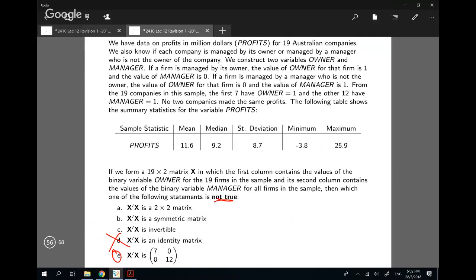X prime X is identity matrix. Okay, well, you know what identity matrix is, right? So that's just like that. I have 1, 1, 1, 1, 1. Everything else is 0, 0, 0. 2 by 2. That's correct. Symmetric. That's correct also. Invertible. Yes.